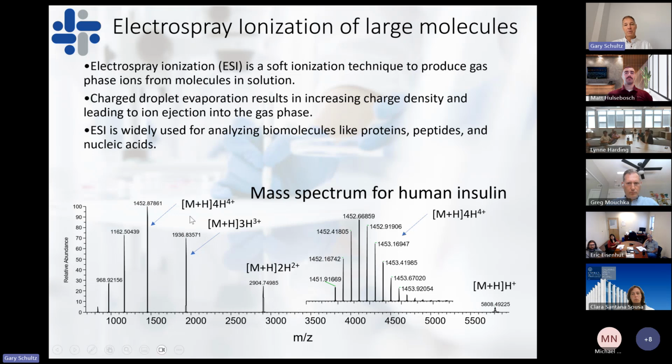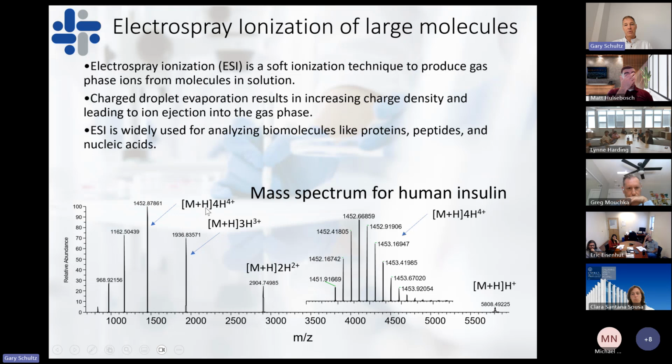So this benefit of electrospray ionization applies to large molecules, in this case the example of human insulin. Human insulin will form a protonated molecule up here, but the most abundant ion is the M+4.